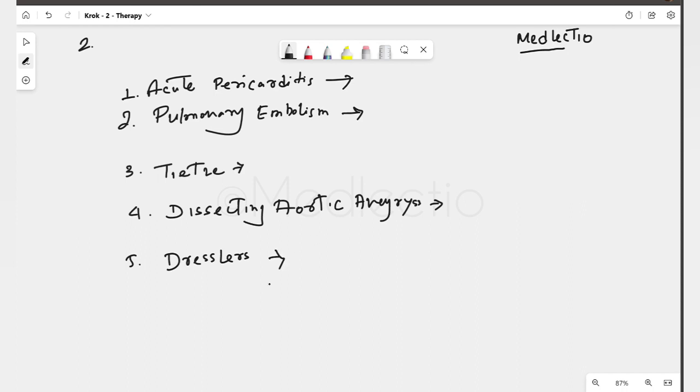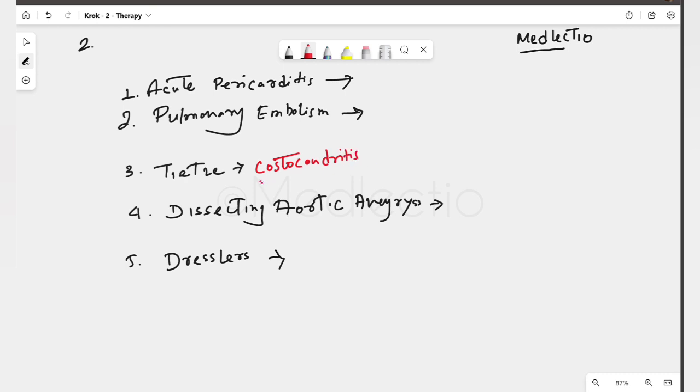So what is acute pericarditis? Acute pericarditis is the inflammation of the pericardium. Then we have pulmonary embolism, we all know about that. What about Tietze syndrome? Simply, it's costochondritis.